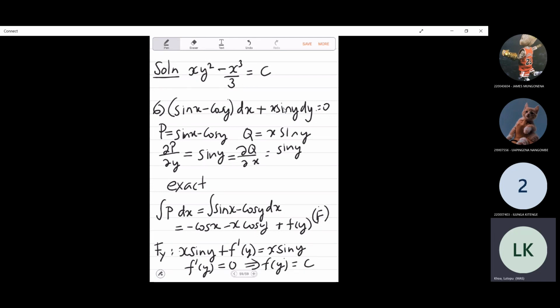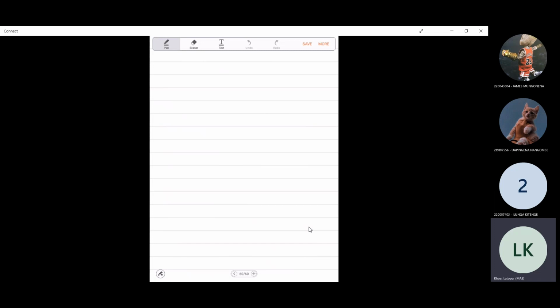Okay, so my solution will be minus cos x minus x cos y is equal to a constant. And this one definitely looks nicer if we multiply everything by minus 1.